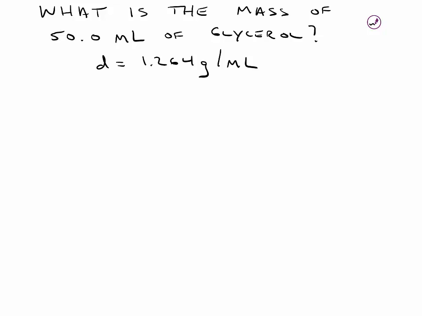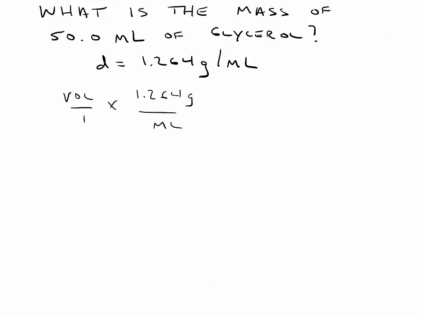Let's take a look at this example. What is the mass of 50.0 milliliters of glycerol given the density of glycerol 1.264 grams per mil? In this case, we're going to start off with a volume unit and multiply by the density as written, the 1.264 grams per milliliter.